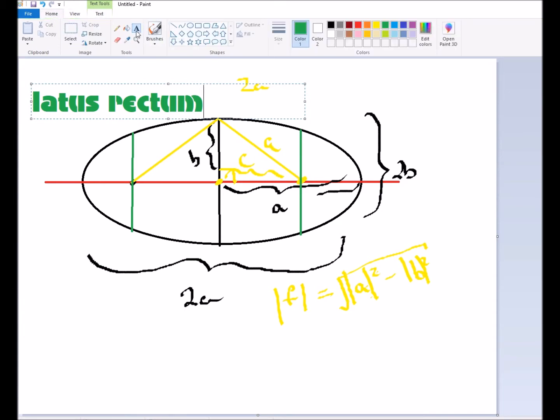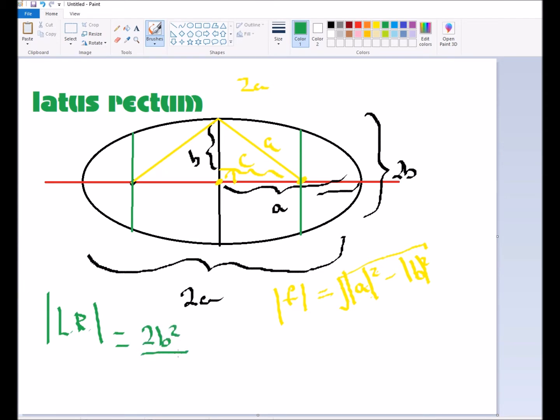So the length of these lines, the length of the latus rectum, is going to be equal to 2b squared over A. That is for this type of ellipse.